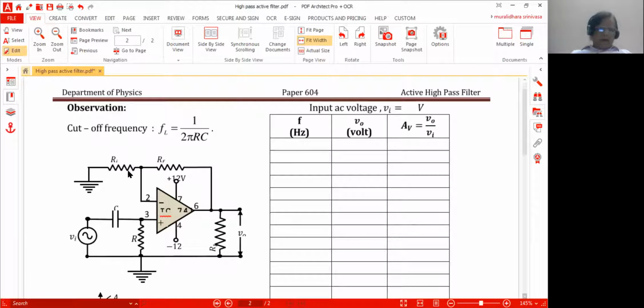As you can see, RF is the feedback resistor connected commonly to pin number 2 and RA. So if RA is 10K, RF is 22K, you get a gain of 2.2. 1 plus 2.2 will be totally 3.2. That should be the final gain. Pin number 4 and 7, as usual, are used to power the IC.